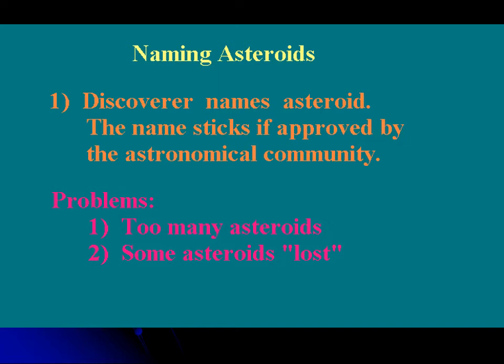Then someone else discovers it, and they want to name it. So what do you call this thing? So the rule is that you cannot name your asteroid unless it has been well enough tracked that the orbit is predictable enough that it's not going to get lost again, that when astronomers go to look at where they calculate it ought to be, it actually is there.